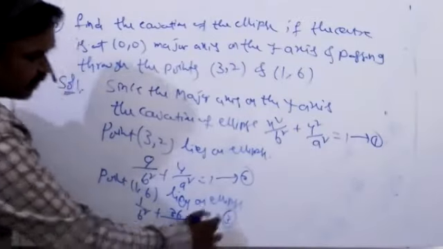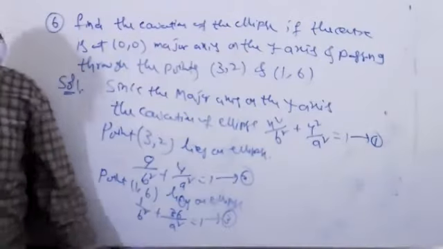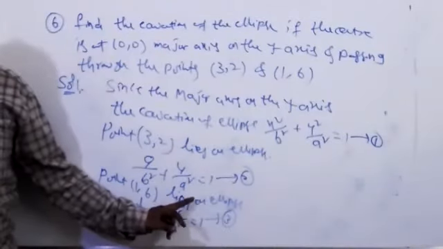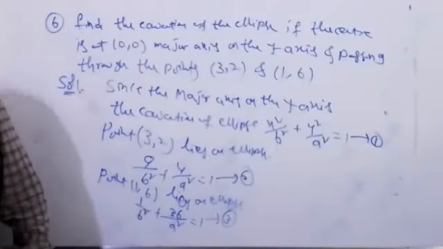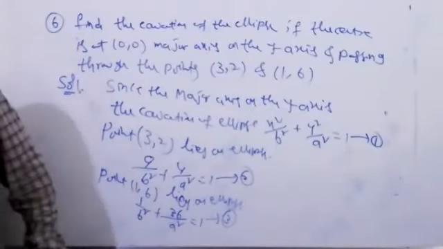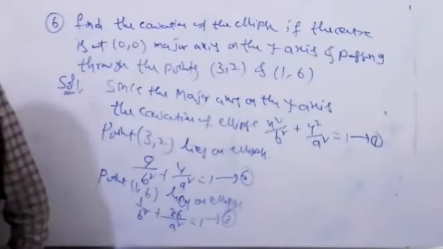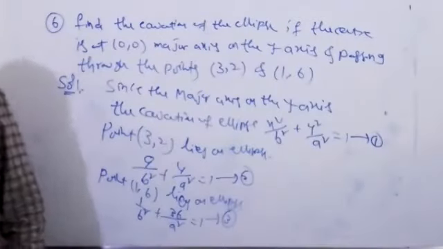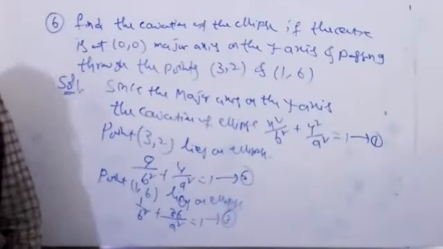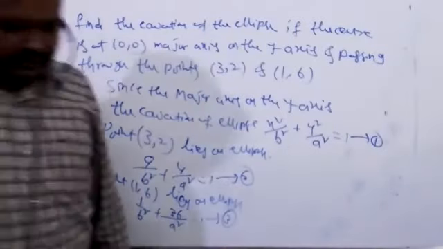This is equation 3. Subtracting 3 from 2. Sir, what's the answer? Answer is x square upon 10 plus y square upon 40 is equal to 1. Yes, I got it, sir. See, all of you do. Subtracting 2 and 3.